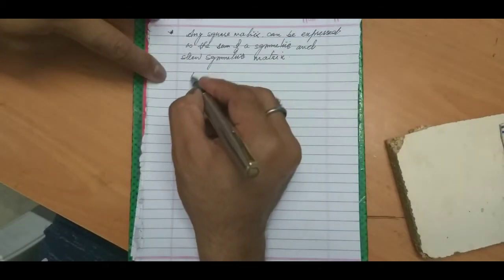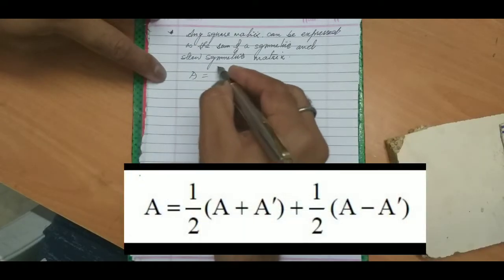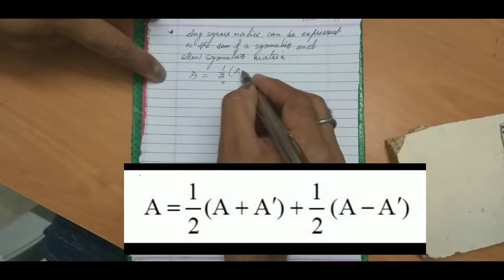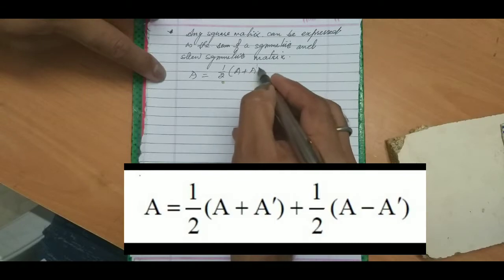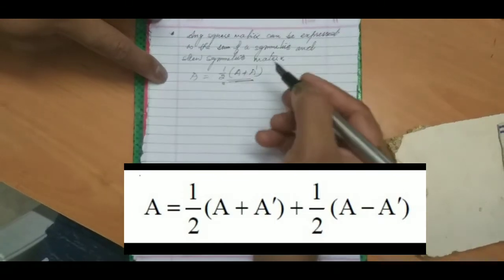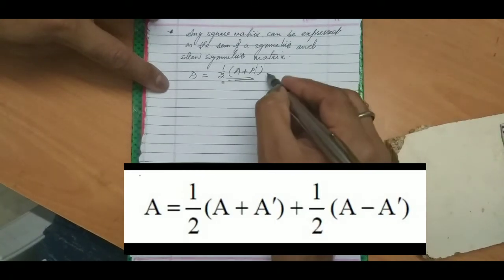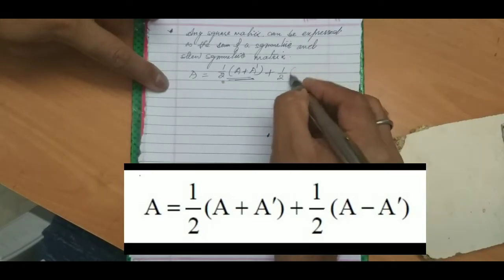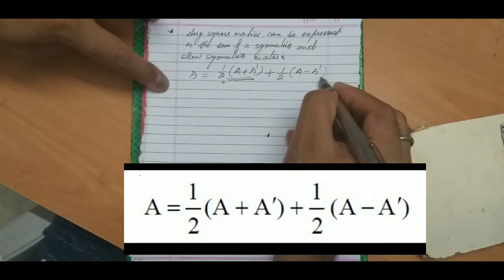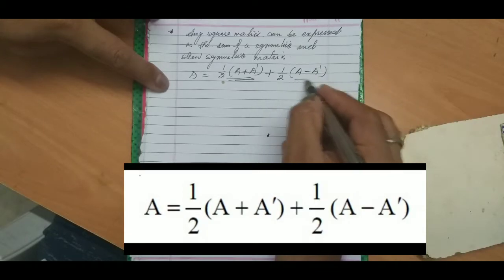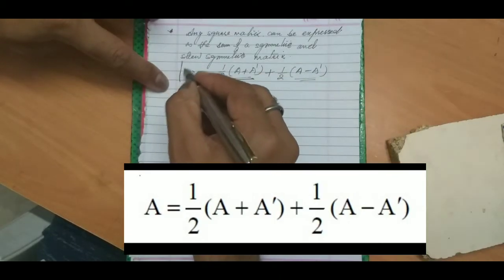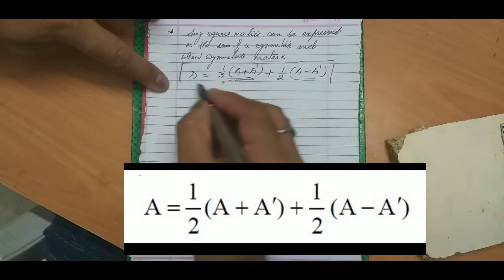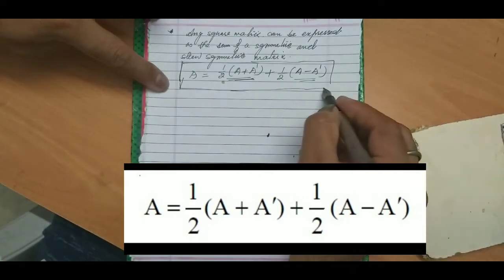Means what? A square matrix can be expressed as 1 by 2 A plus A dash, which is called symmetric matrix, plus 1 by 2 A minus A dash, which is called skew symmetric. So sum of symmetric and skew symmetric matrices.